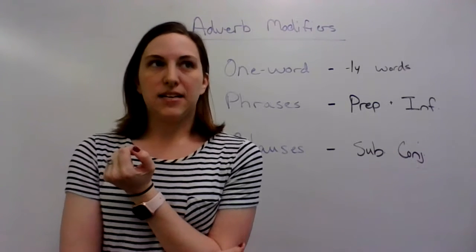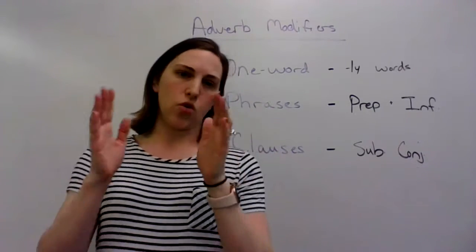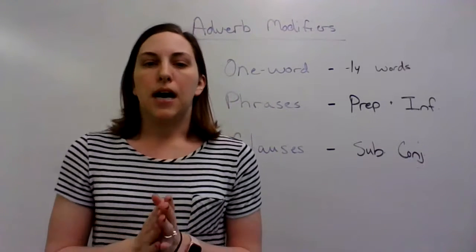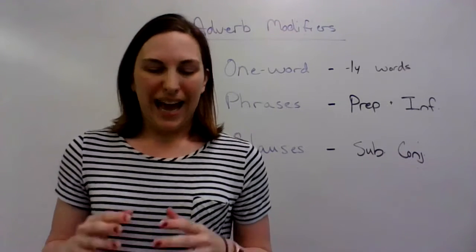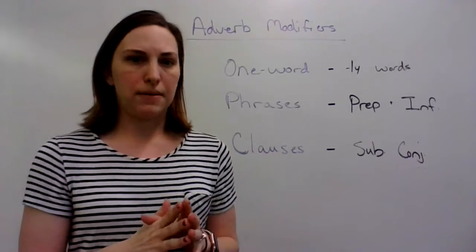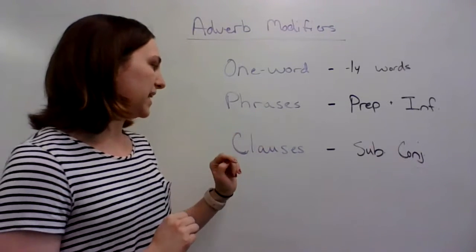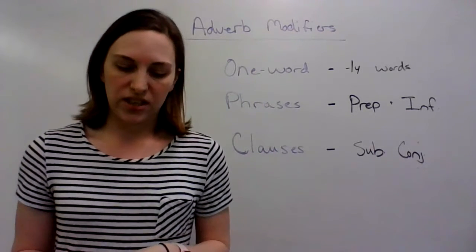Adverbs can go in different places in the sentence. They can go at the beginning, at the end, or right next to the verb. So they have a little more flexibility, but adverbs still should be placed as close to whatever they're describing as possible, whether it's a phrase or a clause.